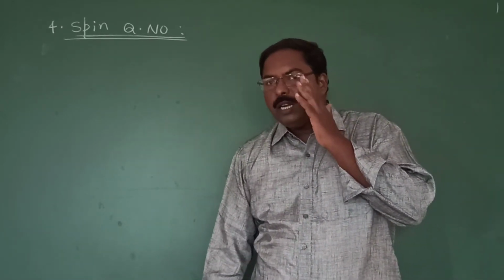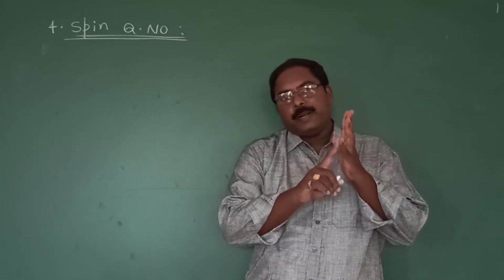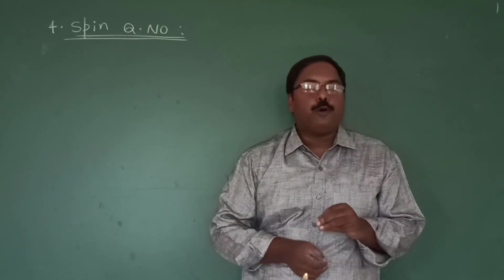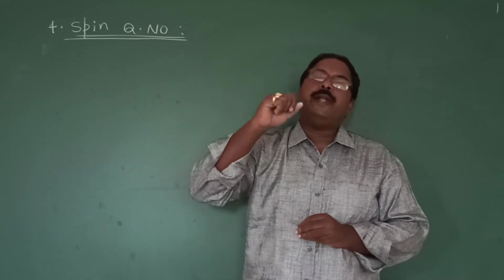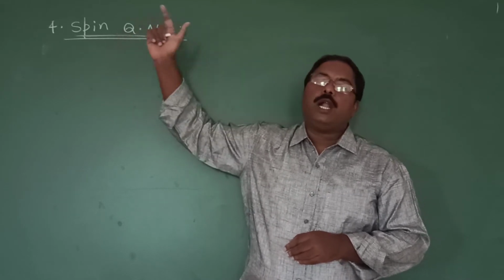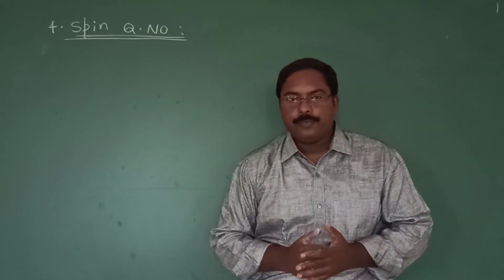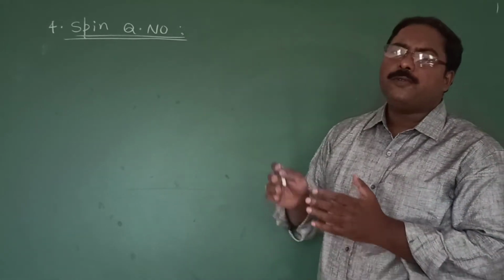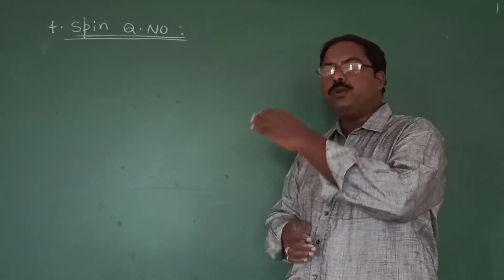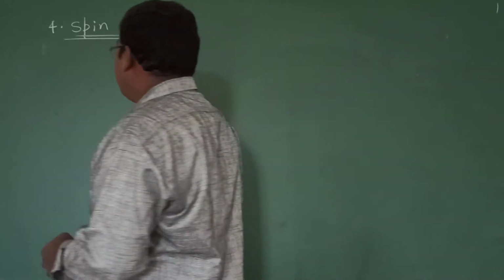While discussing the quantum numbers, at the starting I told you the first 3, principal, azimuthal and magnetic quantum numbers, explain the position of orbitals in the atom. But the 4th quantum number, the spin quantum number, explains the position of the electron in the orbit. So using these 4 quantum numbers, we can distinguish one electron from another electron in any atom, even within the atom.